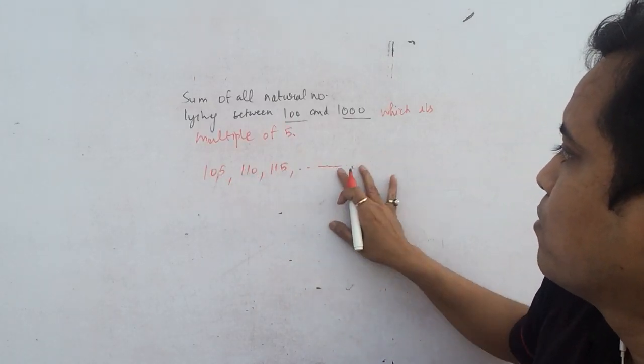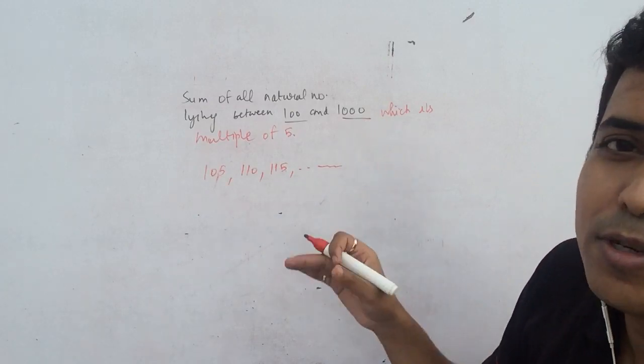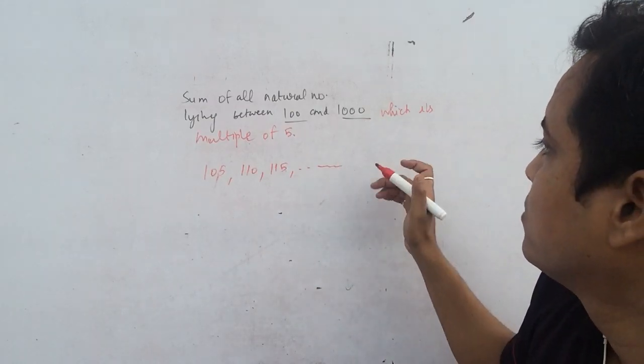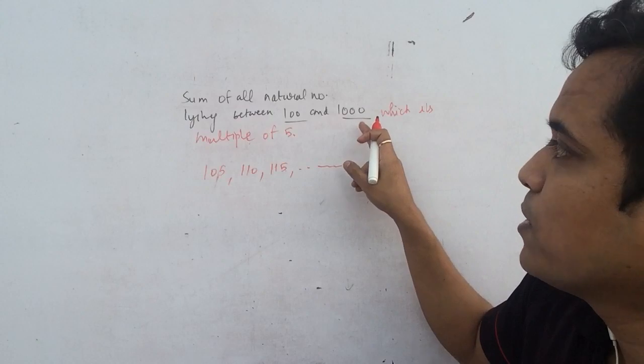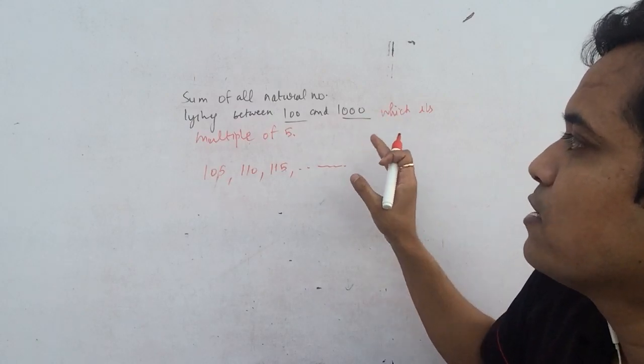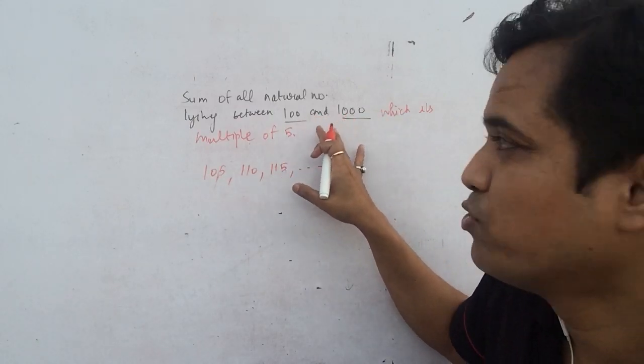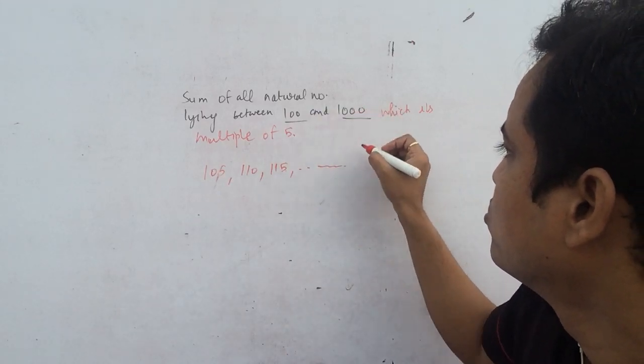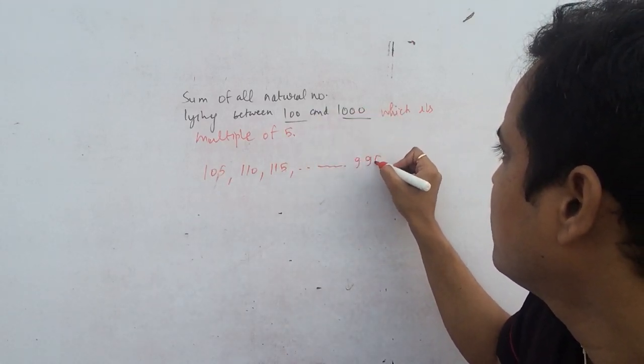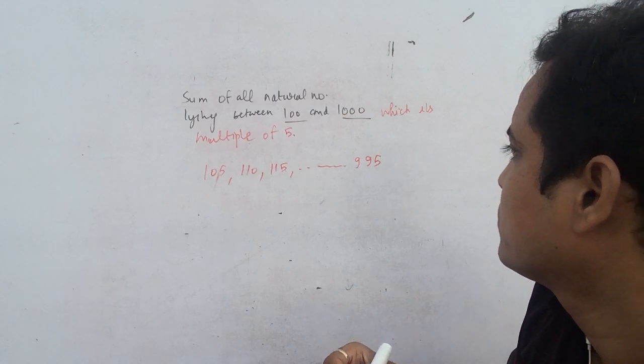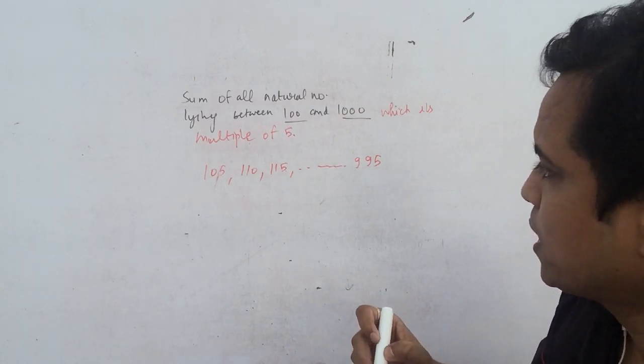Now the last term, 1000 is also a multiple of 5, but we are not going to consider it, because we have to find the numbers between 100 and 1000. So 995 would be the last term.